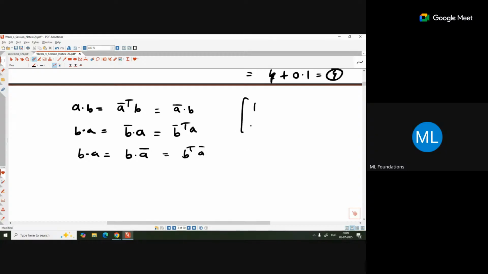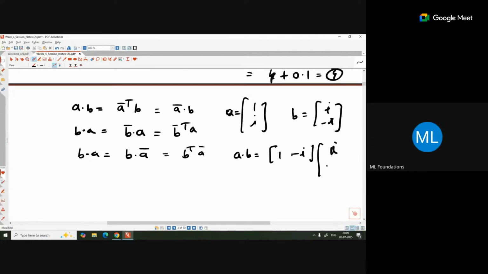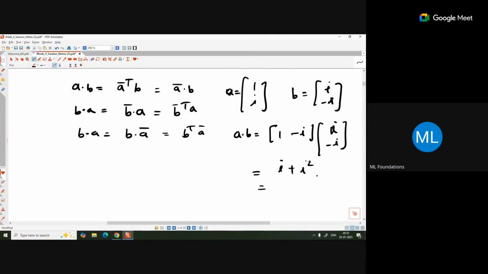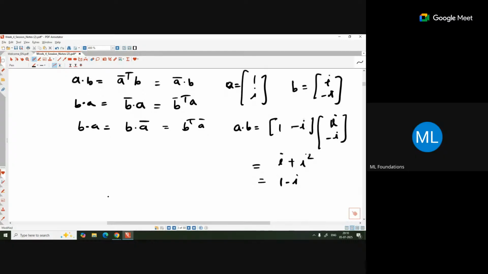Let me simply show you. A and B are, let's say, 1 minus i and i minus i. What will be the dot product? A dot B is, with the conjugate, 1 plus i and i minus i, so this will become i plus i squared, which is 1 minus i.